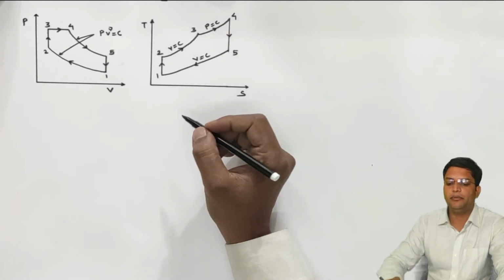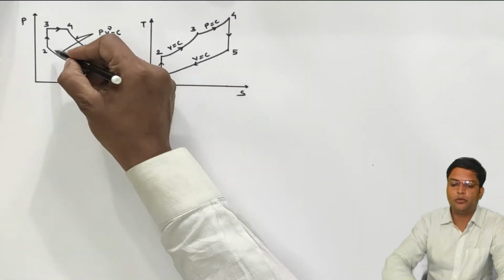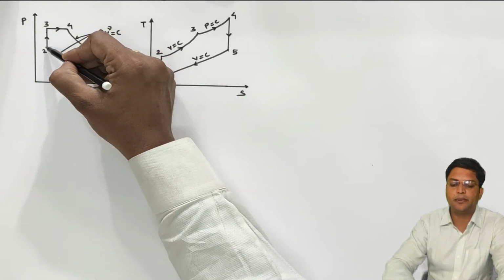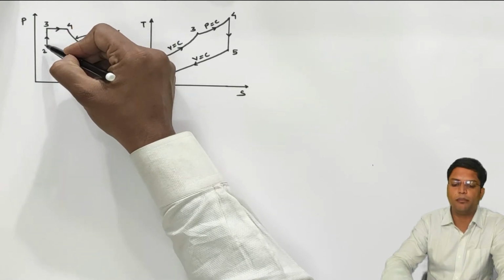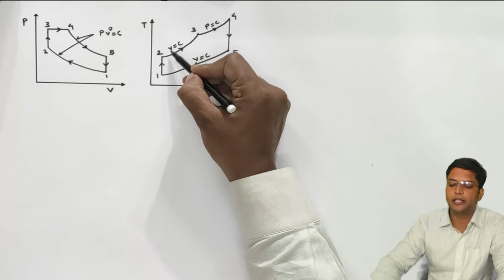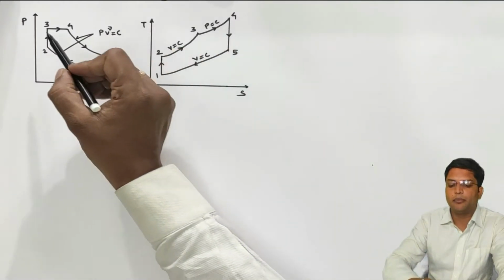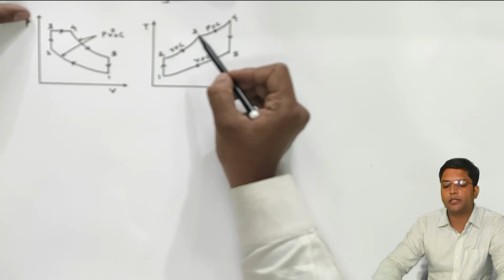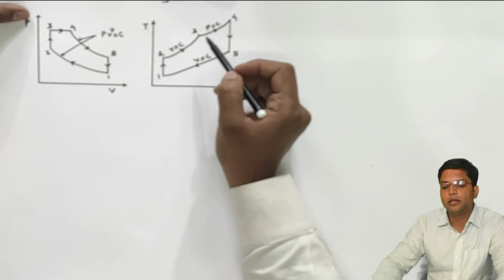In this PV diagram, from process 1 to 2 there is a compression stroke. Now here the heat addition takes place partially at constant volume. From process 2 to 3 it is a constant volume process, where heat addition takes place, and from process 3 to 4 it is a constant pressure heat addition process.